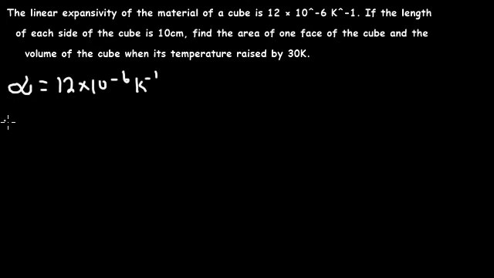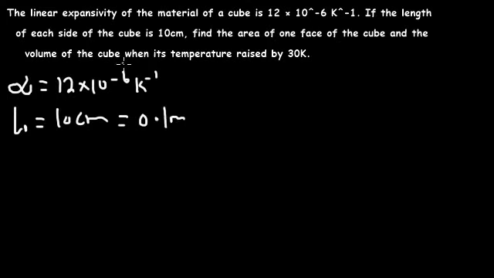Now we are given L1, which is the length of the cube. L1 equals 10 centimeters, which I will convert to meters by dividing by 100. So 10 divided by 100 gives 0.1 meter.